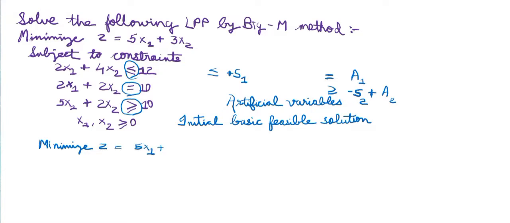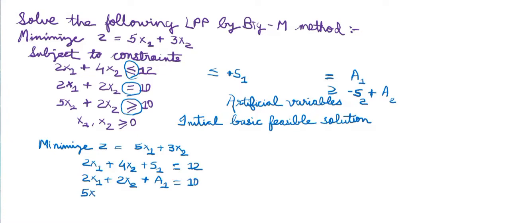Minimize z = 5x1 + 3x2 subject to the constraints, which is 2x1 + 4x2 + s1 = 12. Then for the equality, we will add a1. So it will be 2x1 + 2x2 + a1 = 10. And for this third constraint, which is greater than or equal to, we'll subtract s2 and add a2. So it will be 5x1 + 2x2 - s2 + a2 = 10.